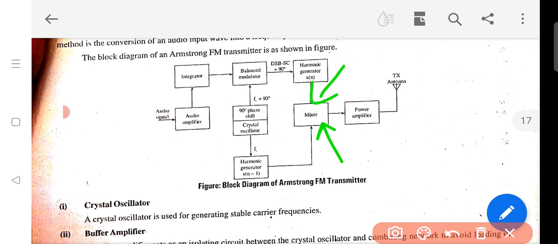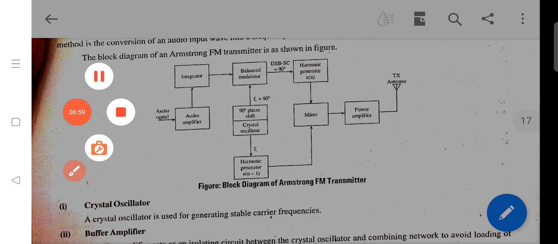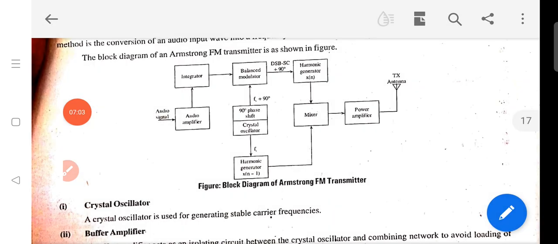Both are mixed here, and then fed to the amplifier to reach higher power levels and transmitted to the transmitting antenna. In this way the indirect FM transmitter works. Observe carefully.